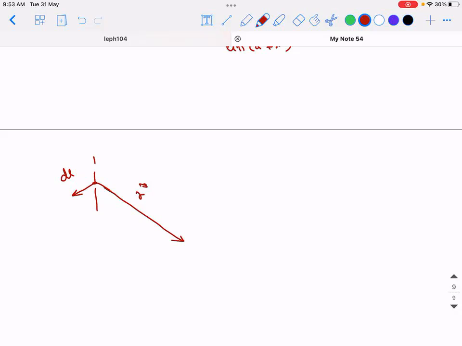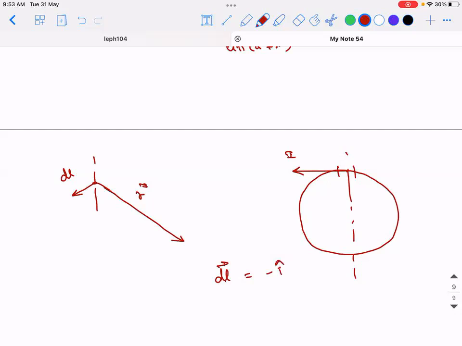Okay, I'll make it even more simpler. So this is the circle. So at the top, right, this is I. And so you're visualizing the circle like this only. So this is the direction of I. Can you tell me the direction of I? That is DL vector is in the direction of minus I cap.